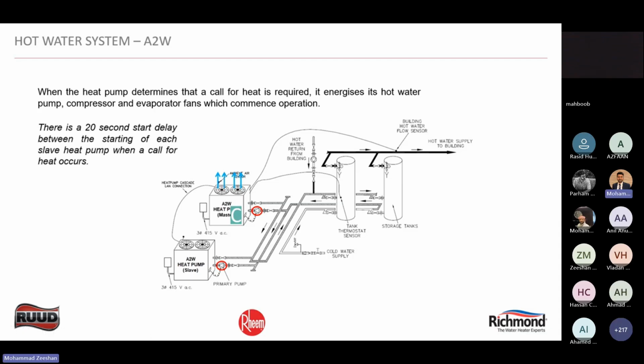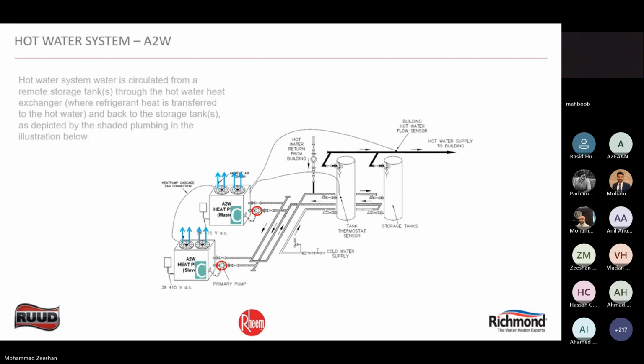There is a 20-second start delay between the starting of each heat pump when a call for heat occurs. The hot water gets circulated between the tanks and the heat pump via the circulation pumps, as I explained.